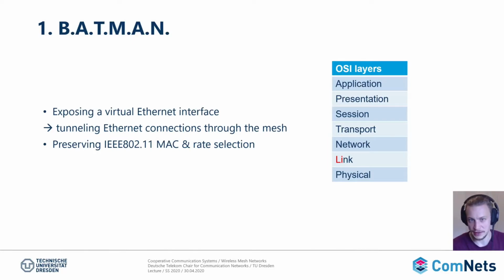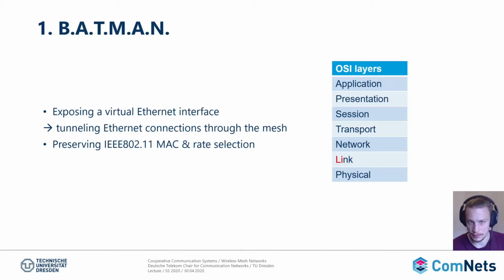So the network layer is not routing anymore over B.A.T.M.A.N, as it just exposes a virtual Ethernet interface with a direct connection to any other of the mesh nodes. It's thereby tunneling Ethernet connections through the mesh, even if they're multi-hop. Also, B.A.T.M.A.N preserves the 802.11 medium access control.